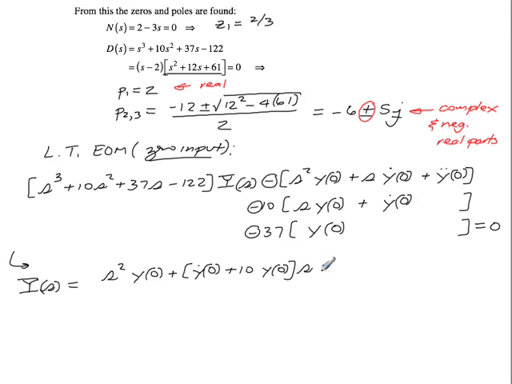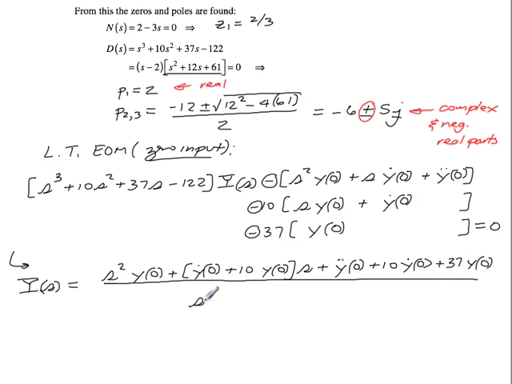And then for the constant term in that, I have the initial condition on y double dot, I have 10 times the initial condition on y dot, and 37 times the initial condition on y, all divided by d.